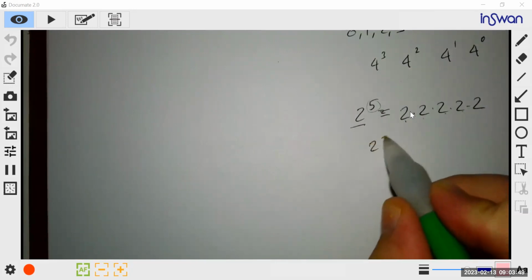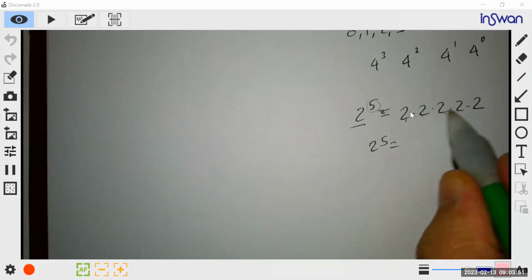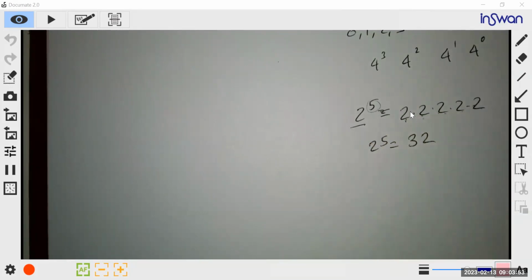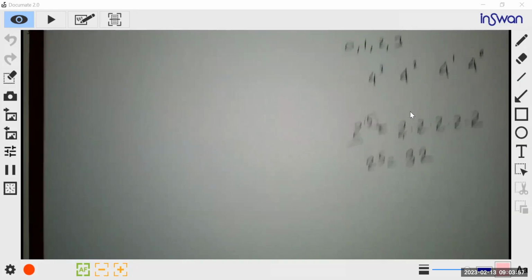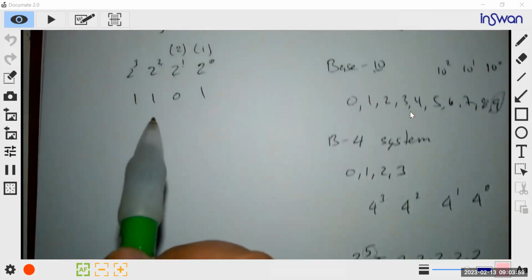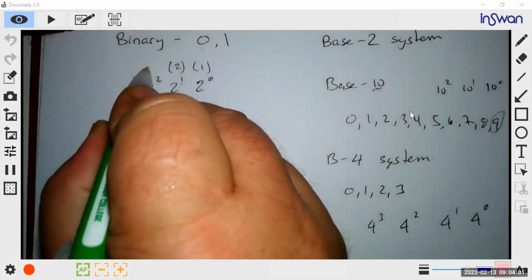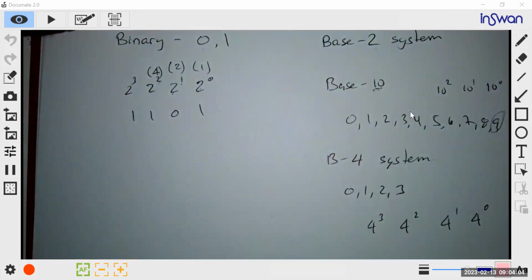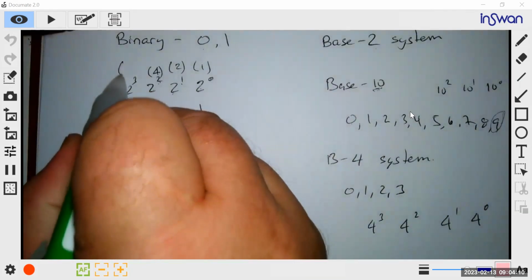So 2 to the 5th, 2, 4, 8, 16, 32 is 32. That's where it came from. So here, 2 to the second would be 4. What's 2 to the third? 8.